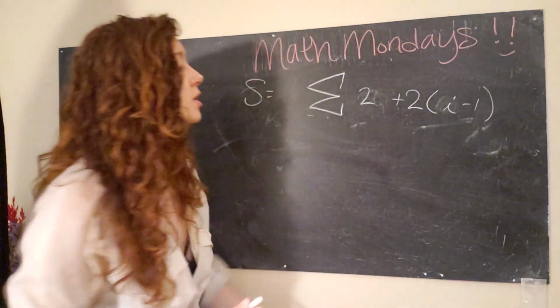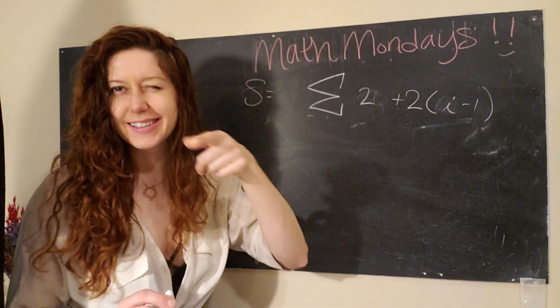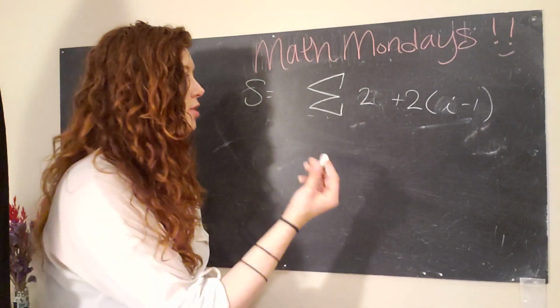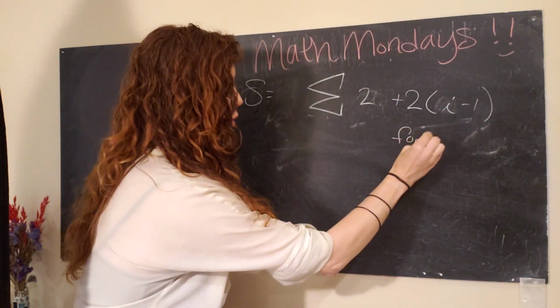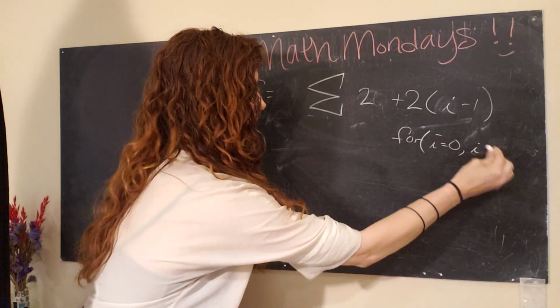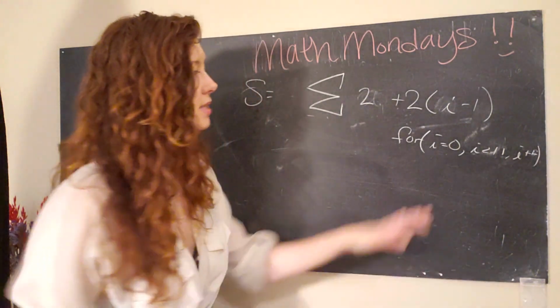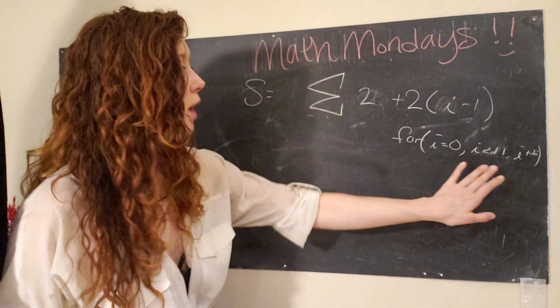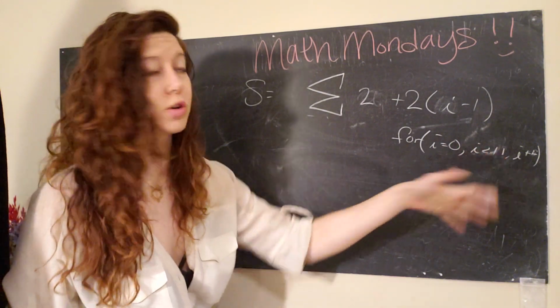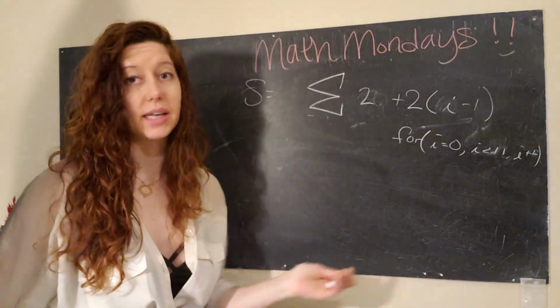If you've ever done some coding, you'll be like, aha, i. That comes up all the time. For example, in a for loop, you might say for i equals 0 to i less than 11, i plus plus. That basically says we're going to start at 0, go until 10, or until i is less than 11, and we're going to add 1 to i each round.